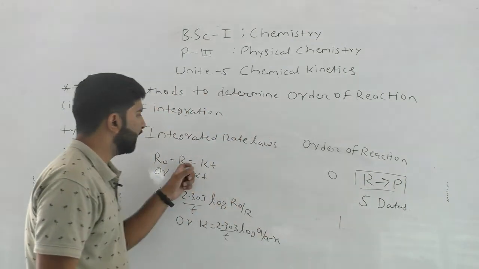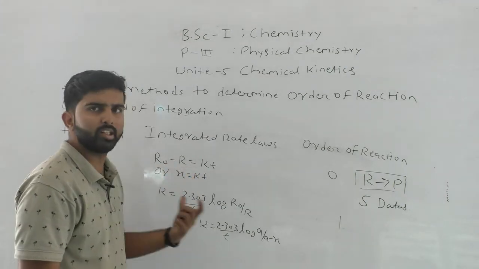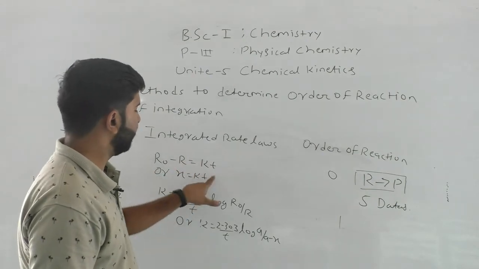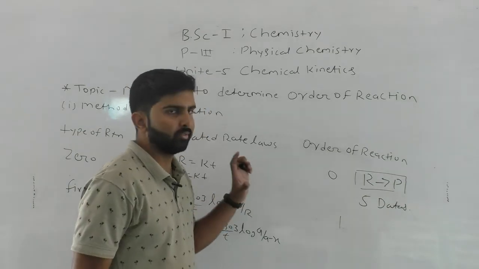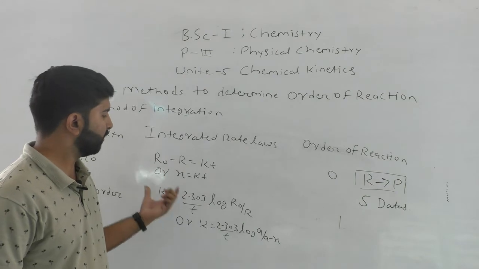If we put 5 observations in the zero order, first order, second order rate laws, the one which gives the constant value of k 5 times is the order of the reaction.